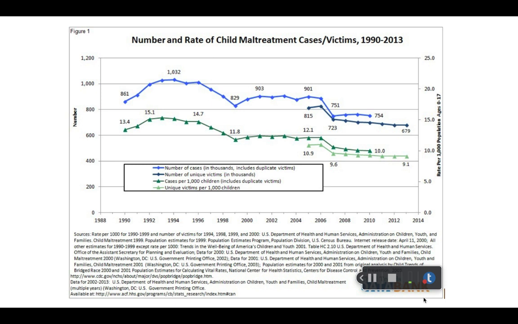The dark green line includes duplicate counts, so kids who may have been victims in multiple cases, and the light green line is an unduplicated count of unique children who were victims of child maltreatment per every 1,000 children in the population.